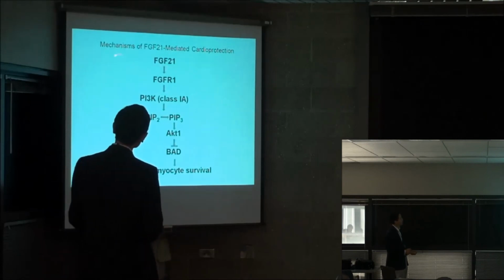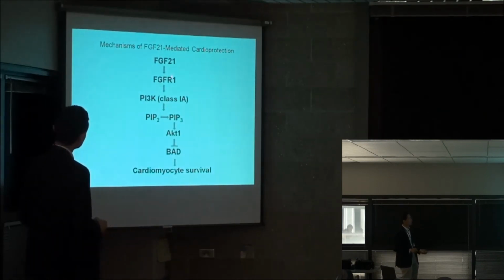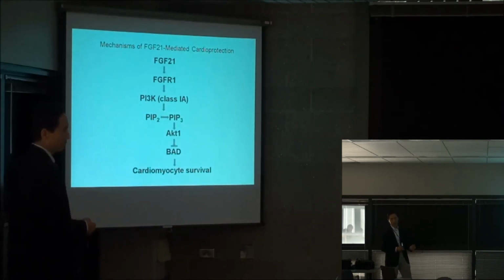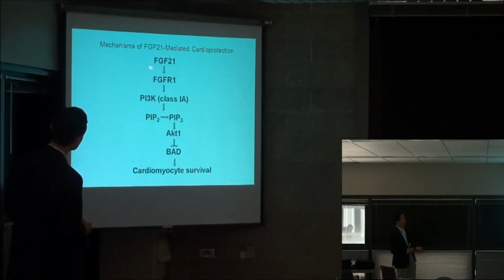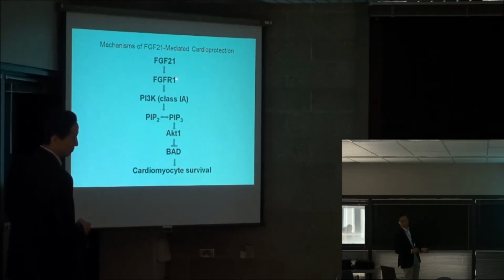This shows the pathway, the major molecules by which the liver proteins act inside the heart, in ischemic cardiomyocytes, to eventually promote cardiomyocyte survival. For example, FGF21 first will act on FGF receptor 1.